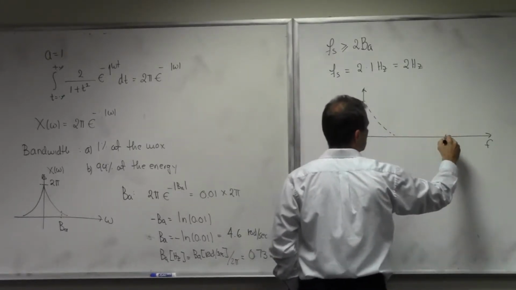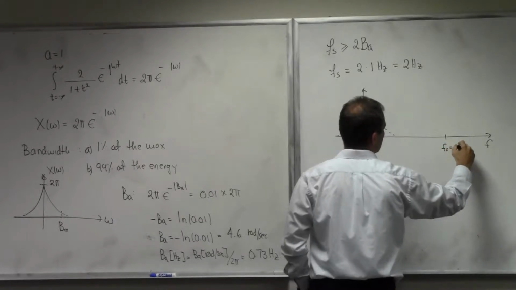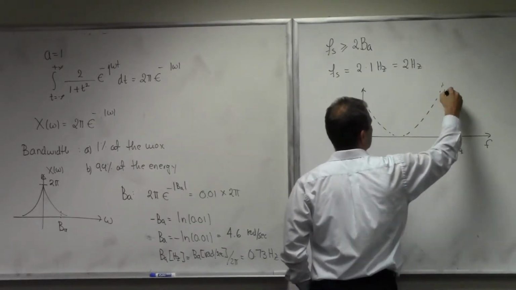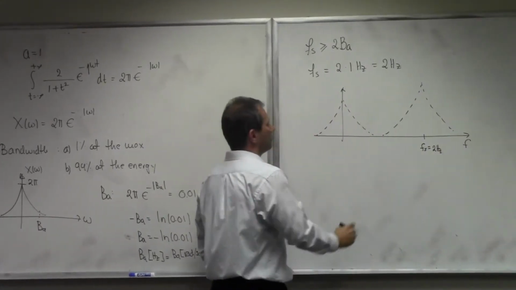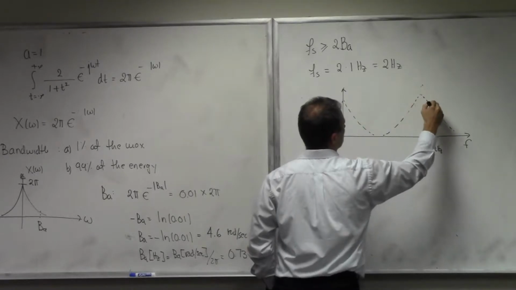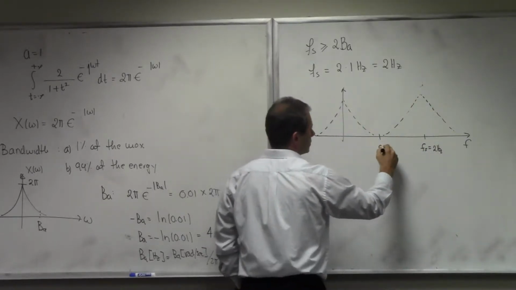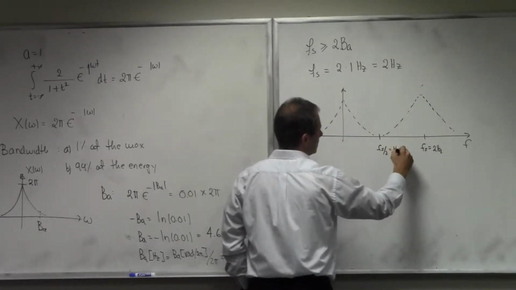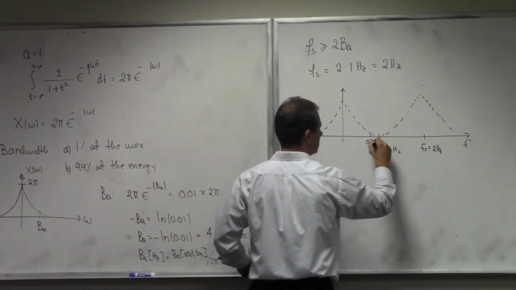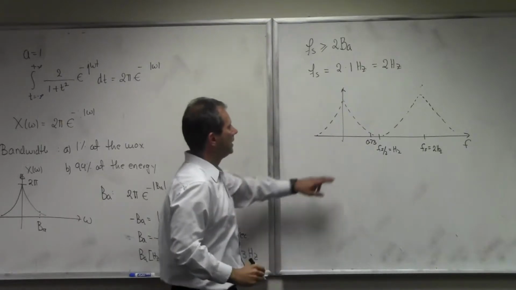This is Fs equal to 2 hertz. This is how it will look. The repetitions from sampling need to be at the same height. And this is Fs over 2, which is 1 hertz. And the bandwidth here is 0.73, right, where the signal ends.